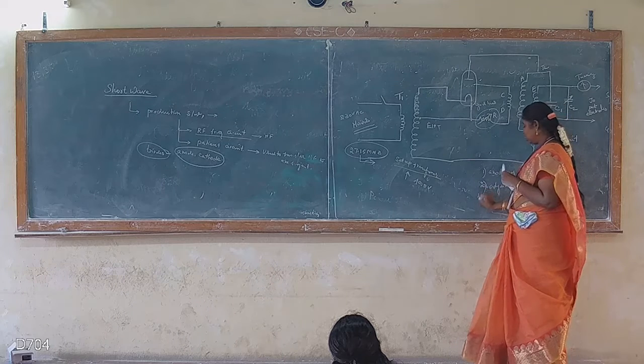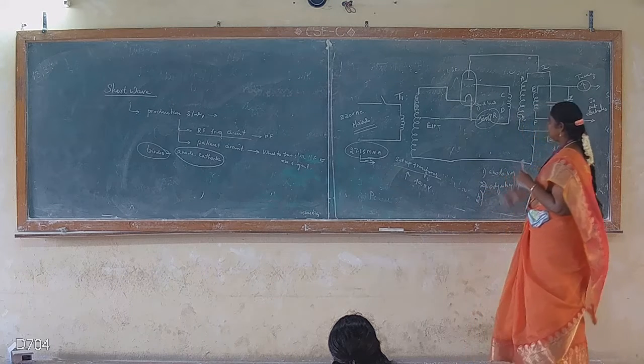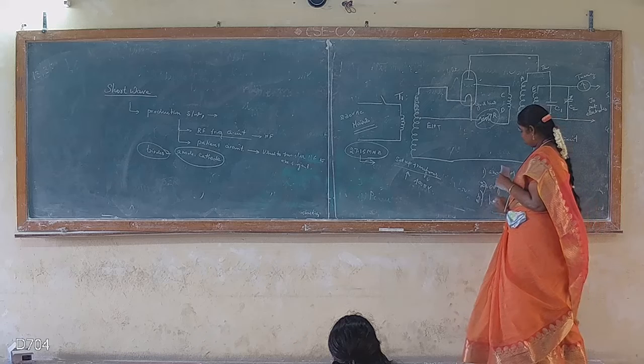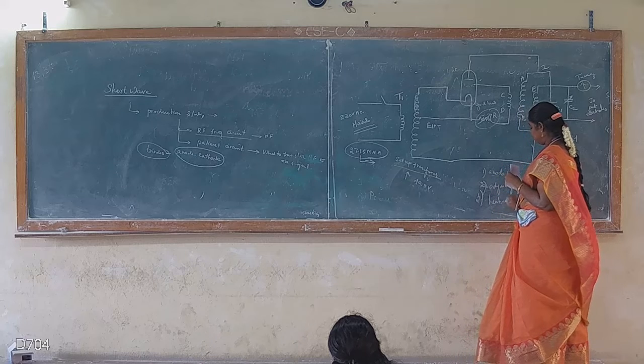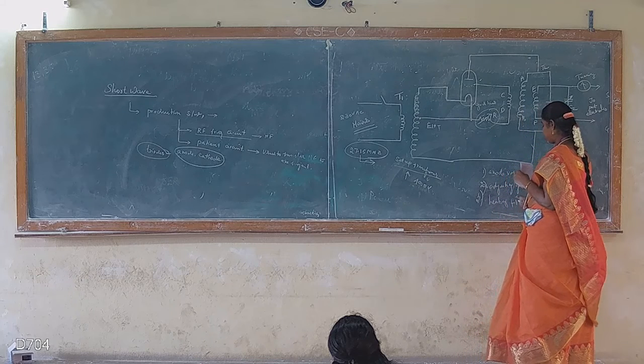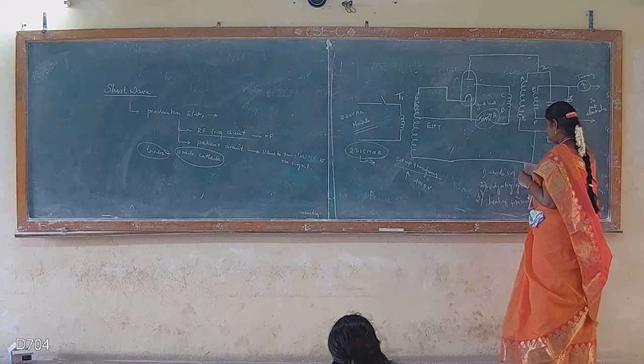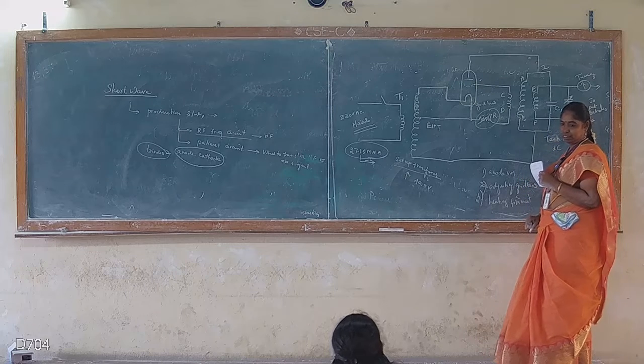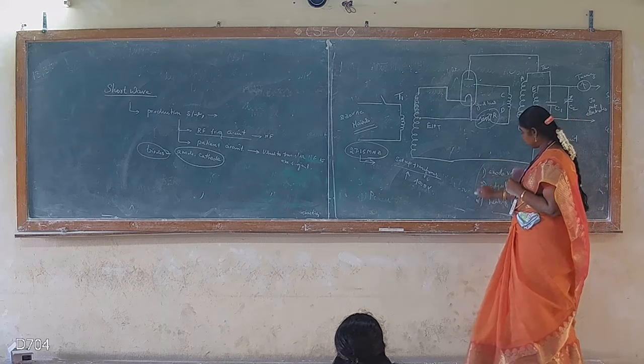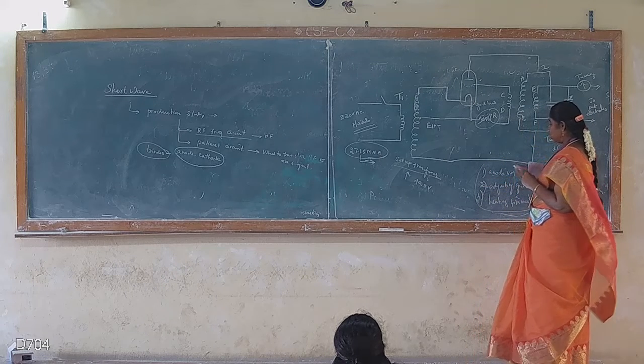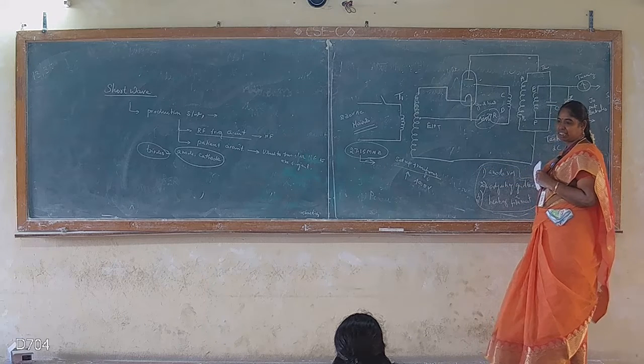The third one is by filament heating. So these are the three ways that we can adjust the amount of high frequency current.